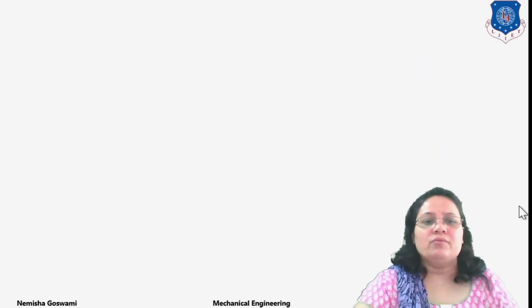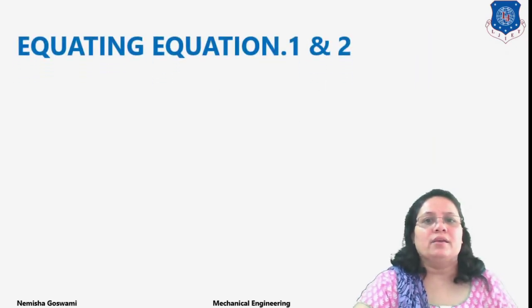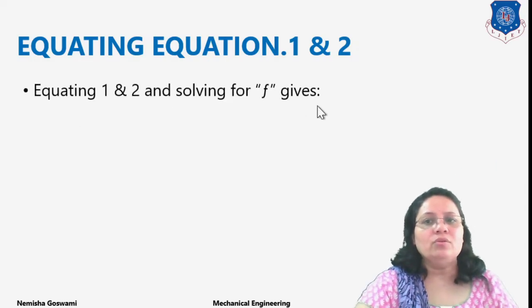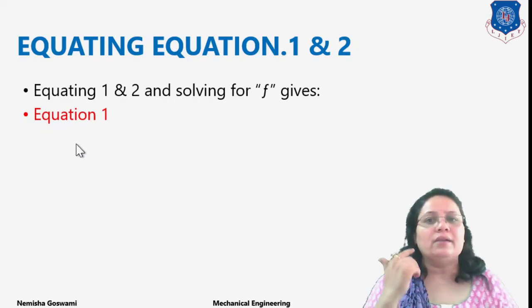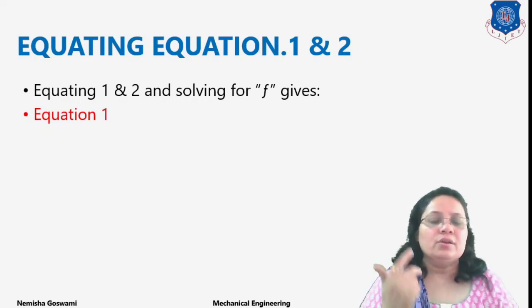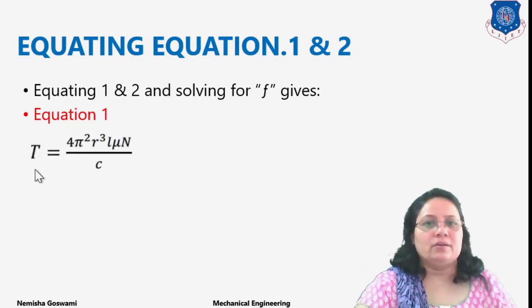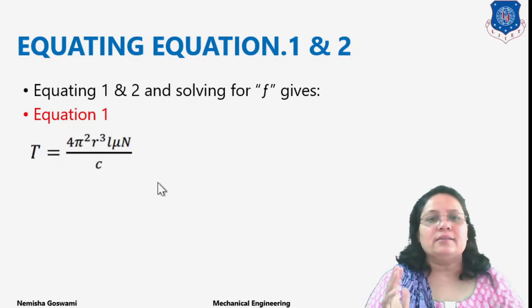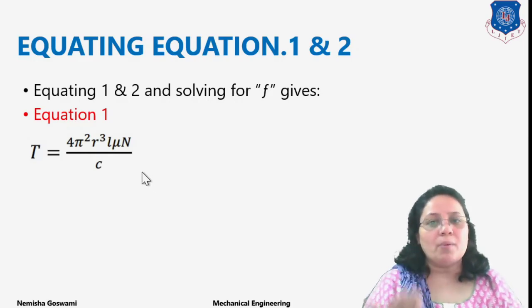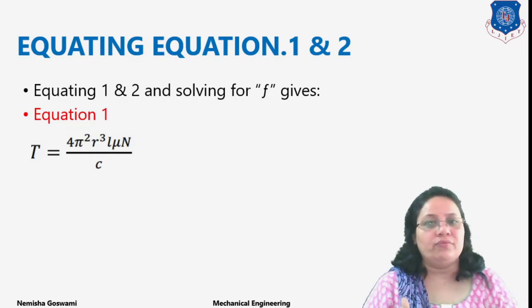So what was equation number 1? Here we are equating equations 1 and 2 to find out the coefficient of friction. Equation number 1 is the torque obtained due to Newton's law of viscosity, or simply due to viscosity. So torque was equal to 4 pi square R cube L mu N divided by C. That is the value of torque obtained due to viscosity of the fluid.